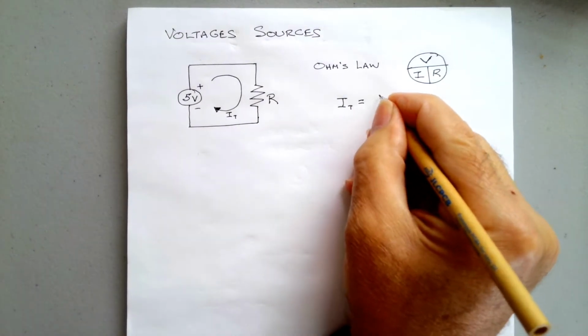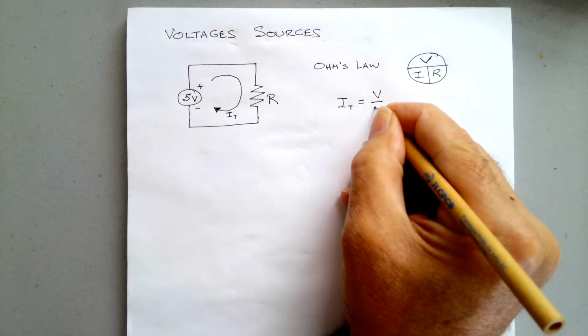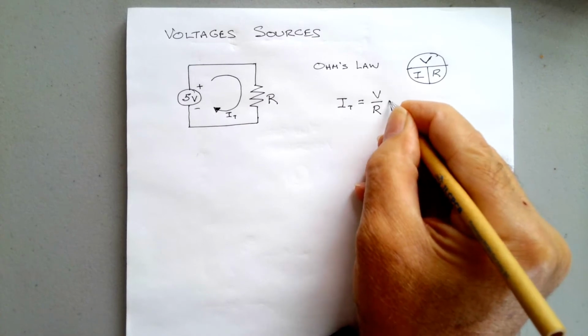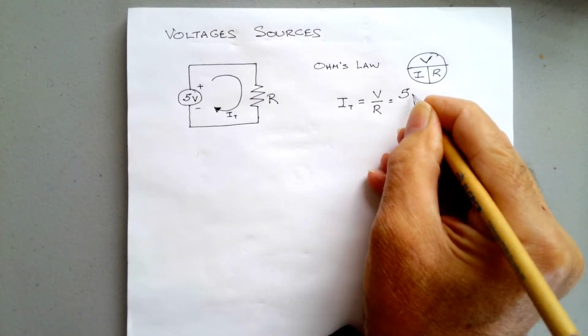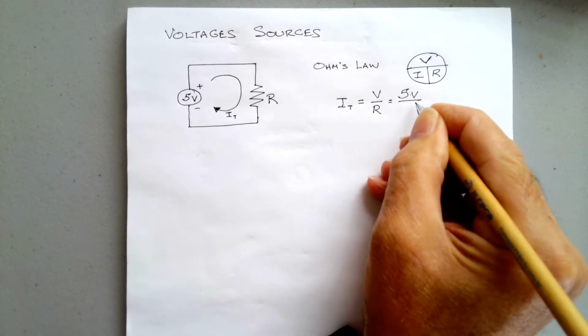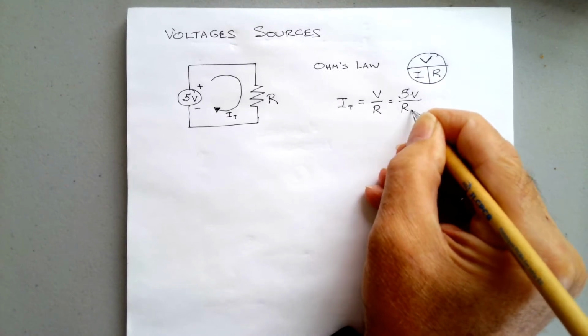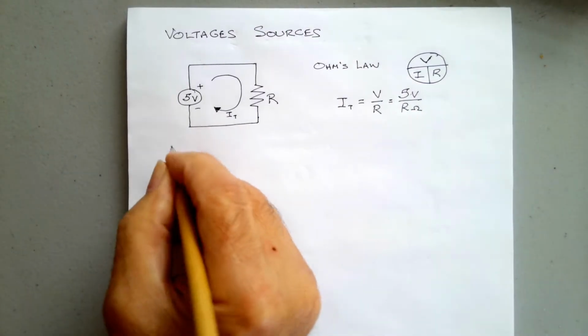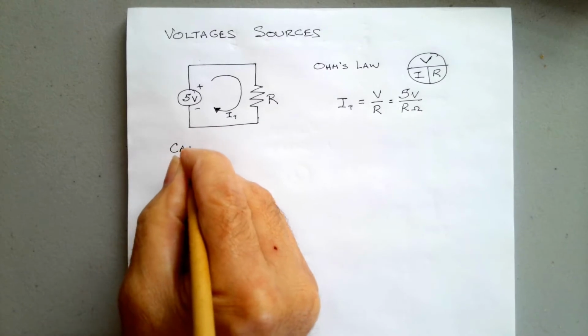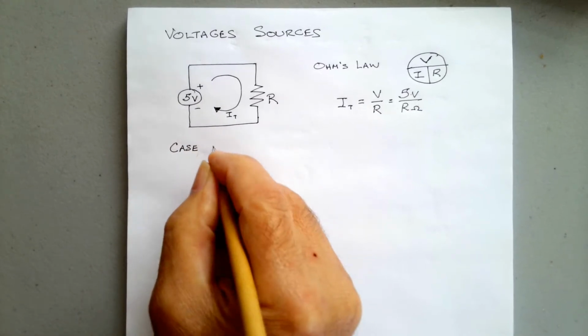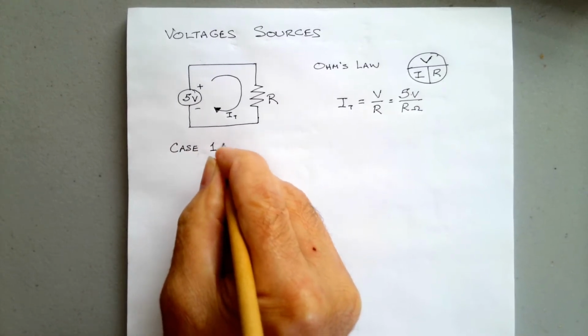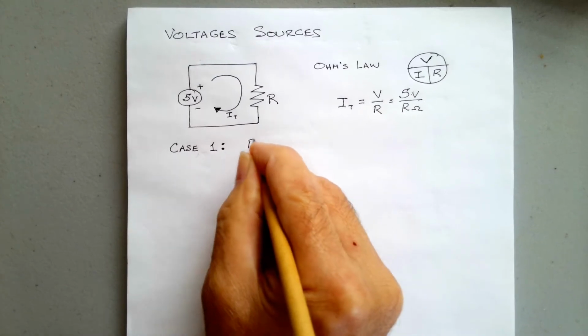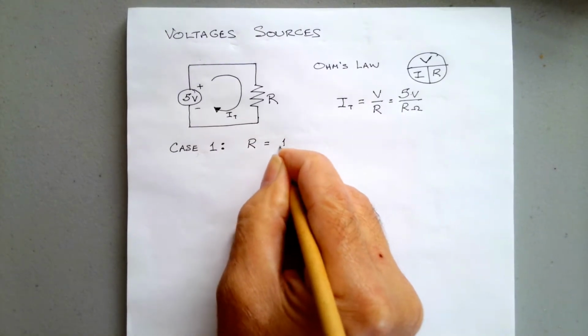So I total is equal to V over R, and in this case it would be 5 volts divided by R ohms. So let's look at case 1. R equals 1 ohm.